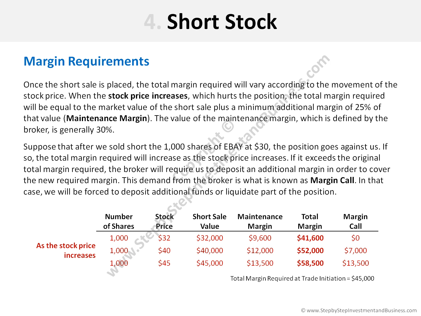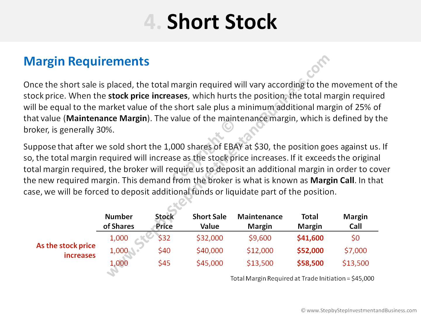On the other hand, if the stock price rises to $40, at that time the value of the short sale will be $40,000, and our maintenance margin will be the 30% of that value, that is, $12,000. Therefore, the total margin will be $52,000.